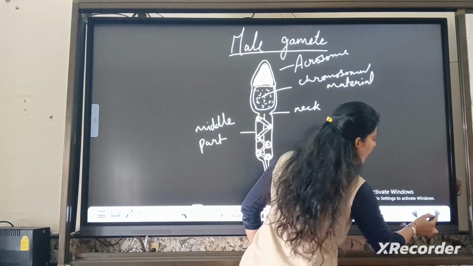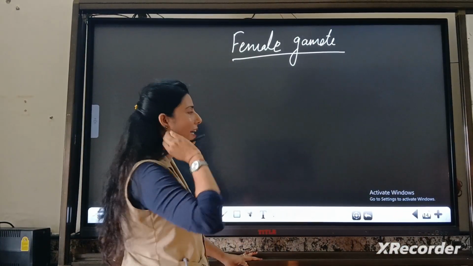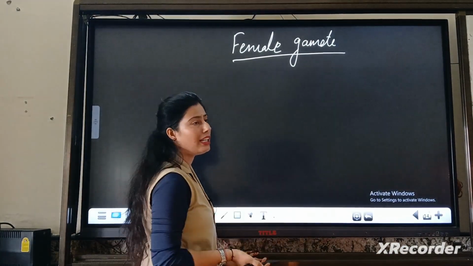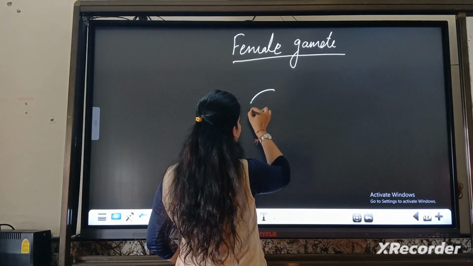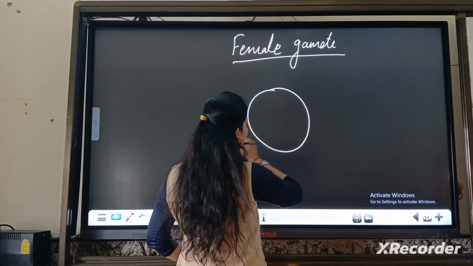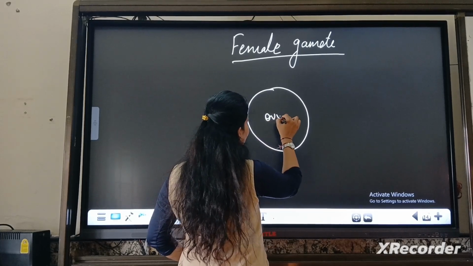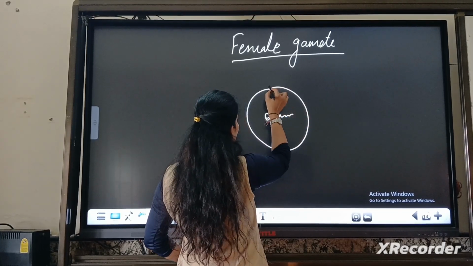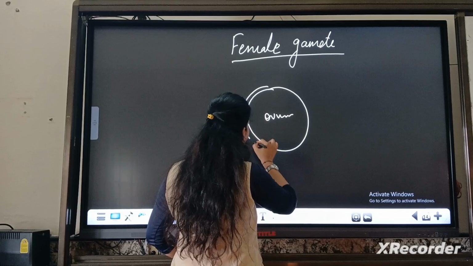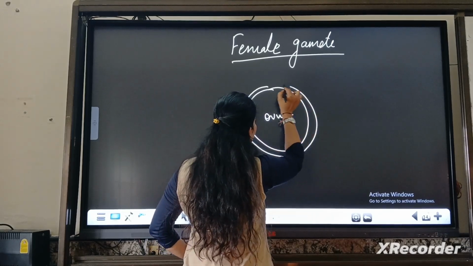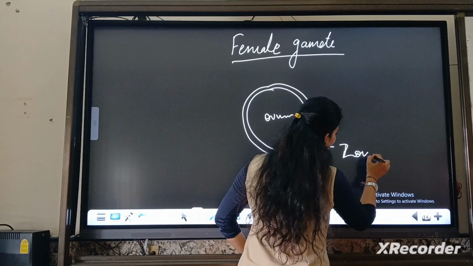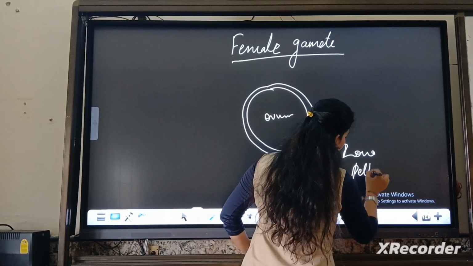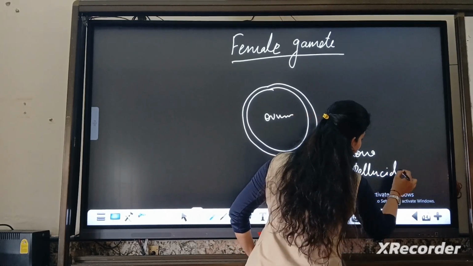Now we move forward towards the female gamete. The female gamete is the largest cell of the human body. It is comprised of a circular structure. Inside it there is an ovum, and outside the ovum there is a membrane. This membrane is known as zona pellucida.